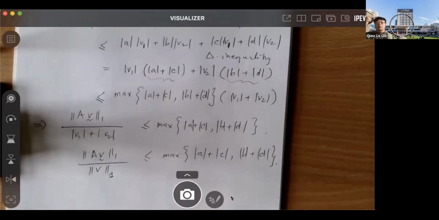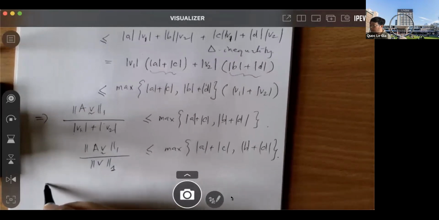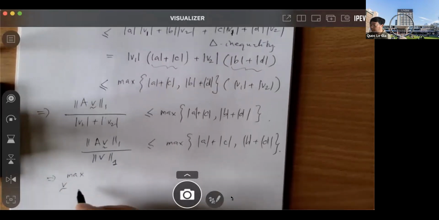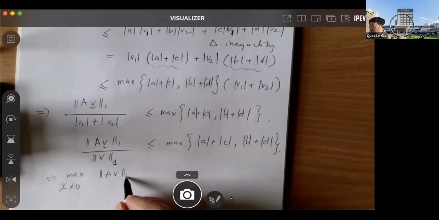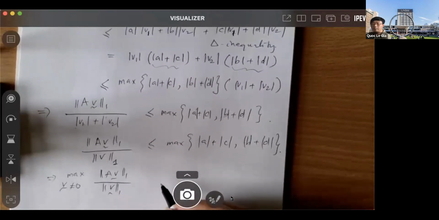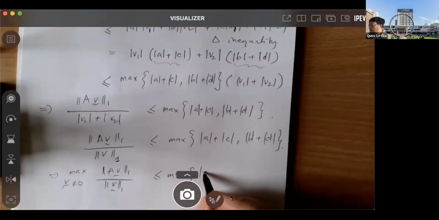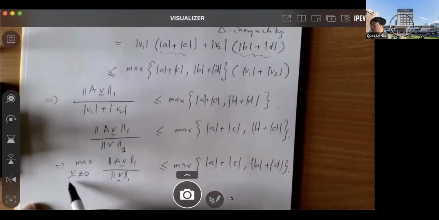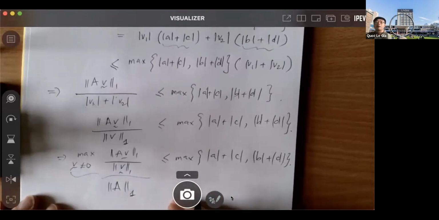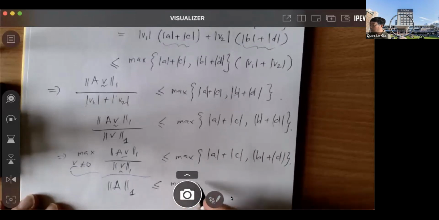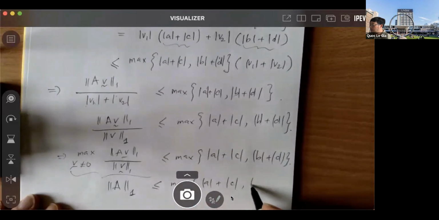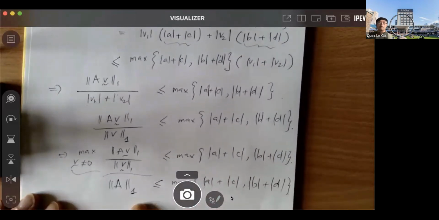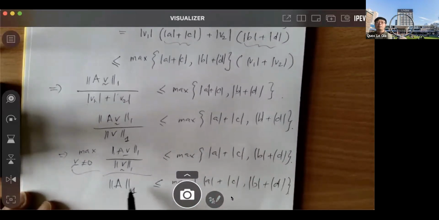Now you can take the maximum over V. So you take the max over nonzero vectors V of the one norm of AV over the one norm of V, which is less than or equal to the max of the absolute values of A plus C, and B plus D. By definition, this is just the one norm of the matrix A. So we showed that the one norm of A is less than or equal to the max of the sums of the columns in absolute value.